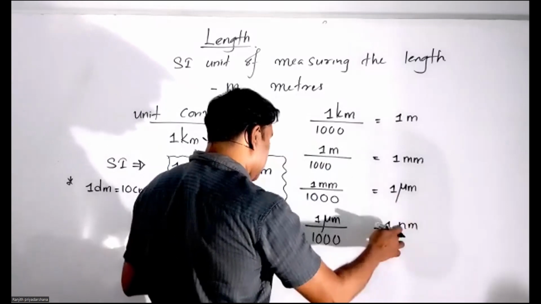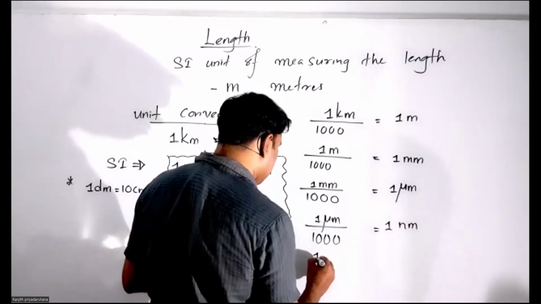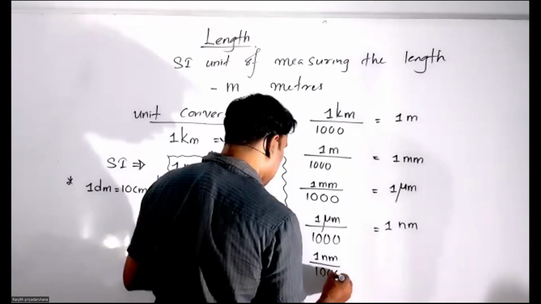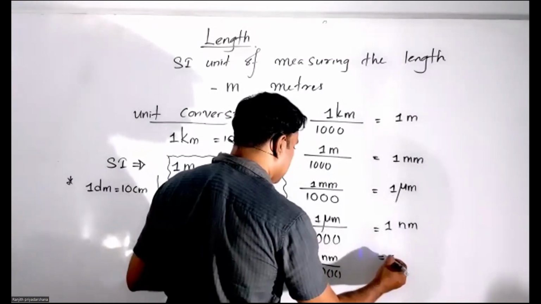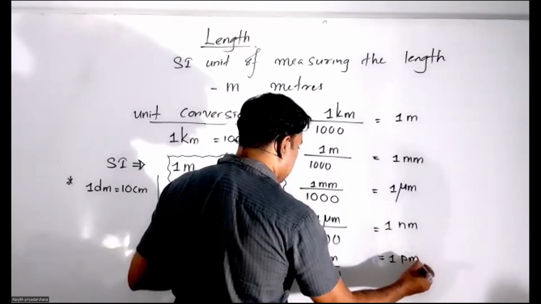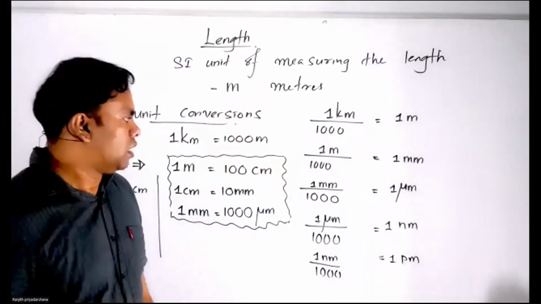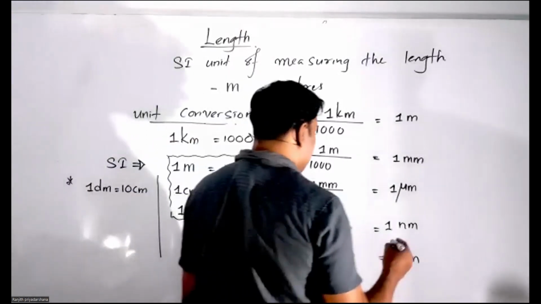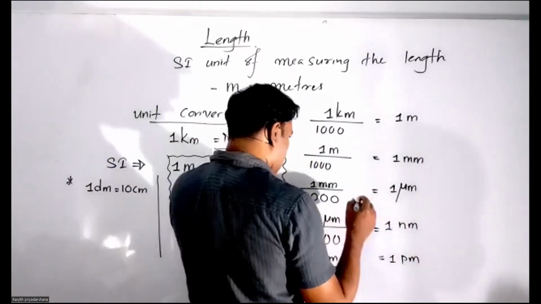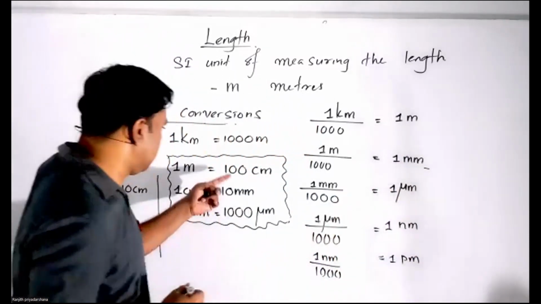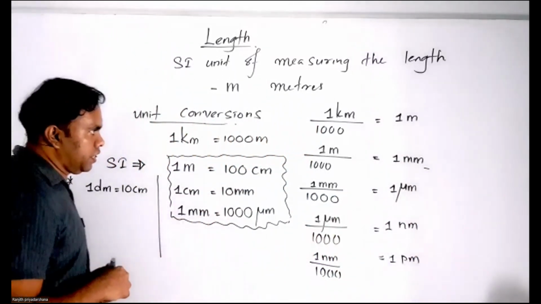When you divide this nanometer into 1000, that's 1 picometer. Actually, we have to study up to this level, but we have to know these subunits that exist between meter and millimeter.